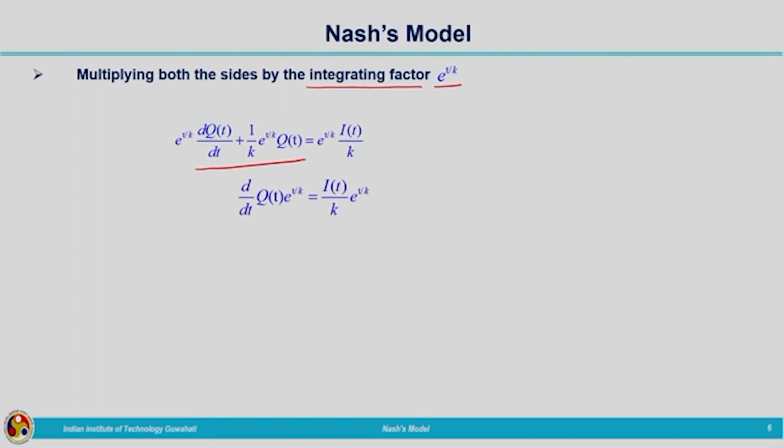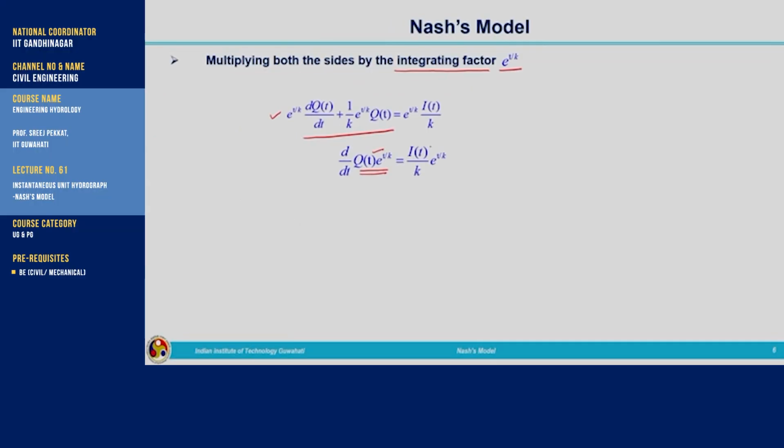So, the left hand side can be written as d by dt of Q of t e raised to t by K. You apply the product rule for this expression and you will get this left hand side. So, d by dt of Q of t e raised to t by K is equal to I of t by K e raised to t by K.